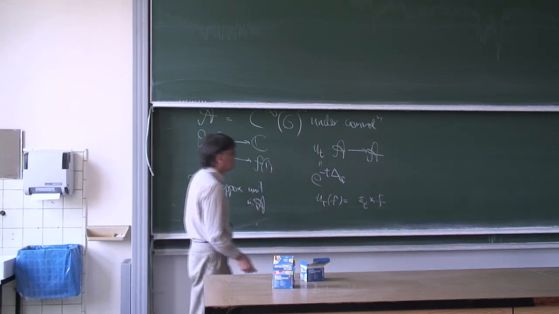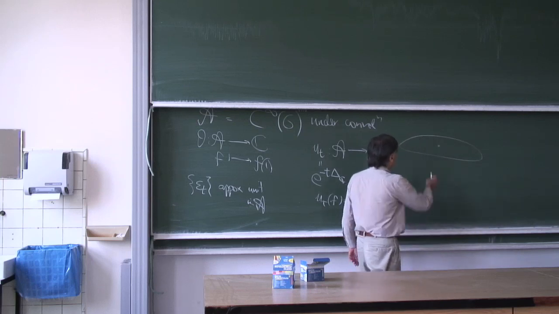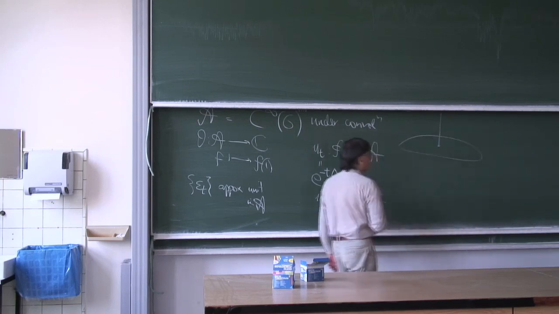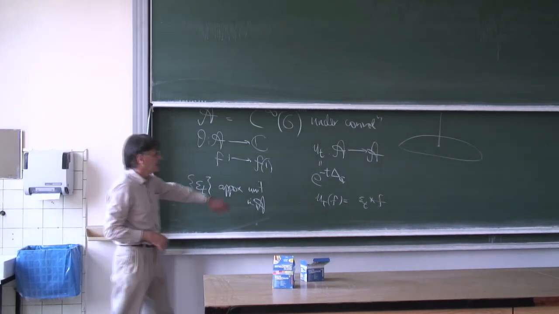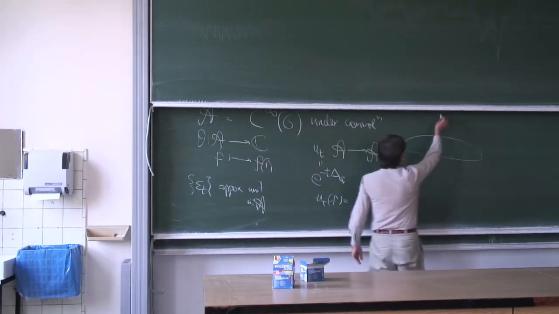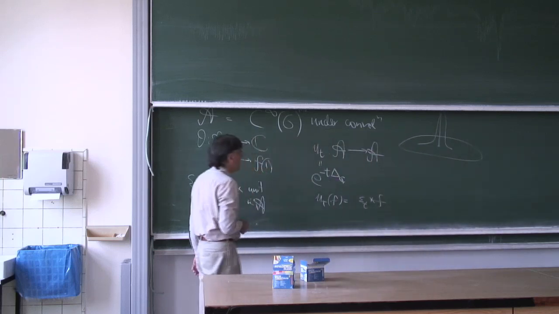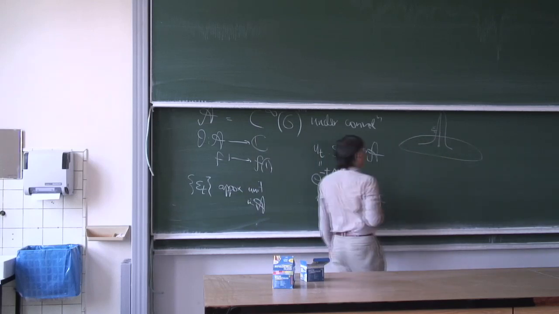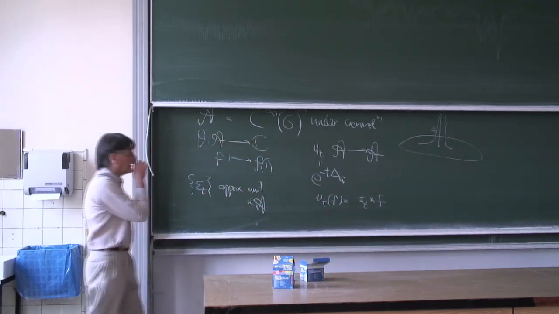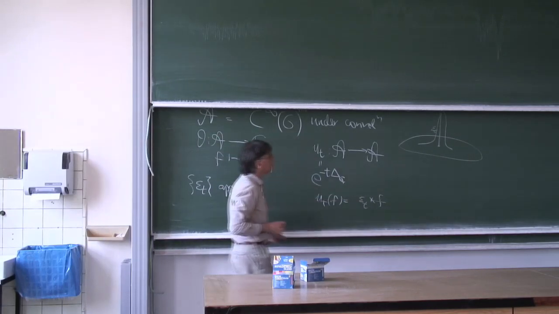In other words, epsilon_t is the function on the group which tells you, if you started with a delta function at the identity element at time 0, and then it flows under this heat flow for time t, then it will become, after time t, some Gaussian-looking thing, which is precisely epsilon_t.